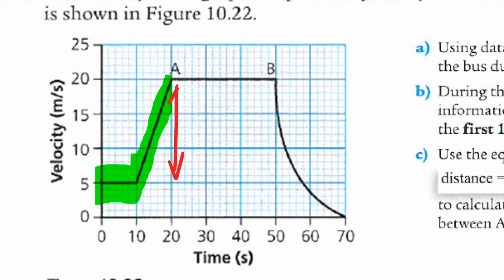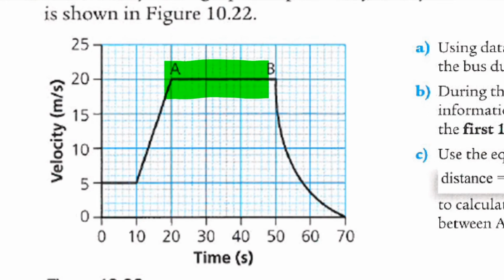Now you could work out the change in velocity and the change in time. The change in velocity there, look, 20 take away 5 is 15 meters per second, and the change in time is 10. So 15 divided by 10 is 1.5 meters per second squared. You could then describe this part. Oh, that's a curve, so you haven't got a linear acceleration.